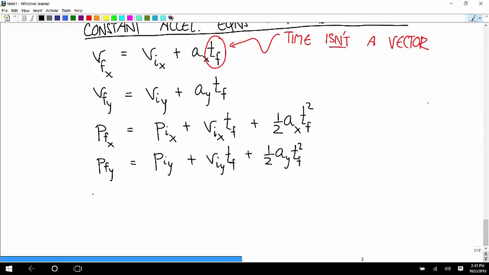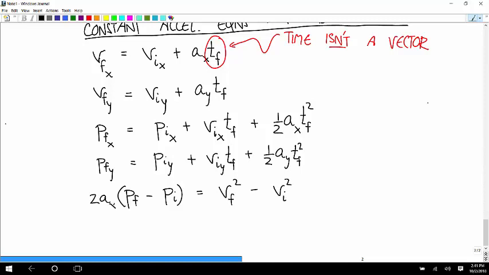And then the last equation said 2A times the quantity PF minus PI is equal to VF squared minus VI squared.